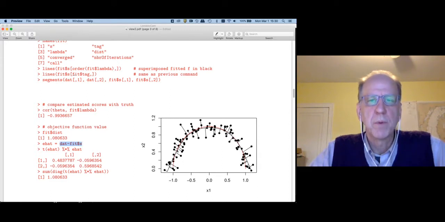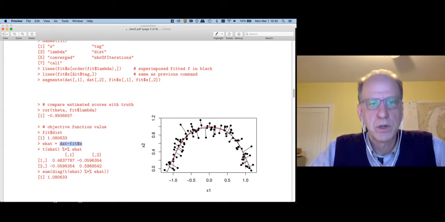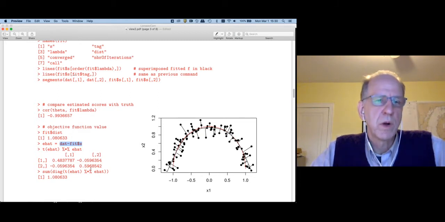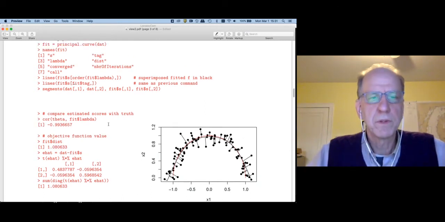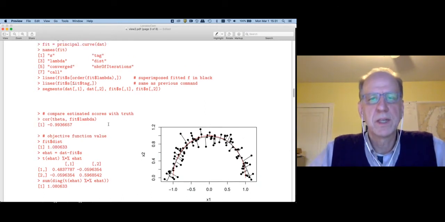So let's take the points minus the projections of those points onto the black curve. Now I'm going to square this. So if I take E transpose times E, that's like squaring it. And if I add up the diagonal elements, we get exactly the objective function that the principal curve function reported. So I hope that this example has given you a sense for how to use this principal curve function.